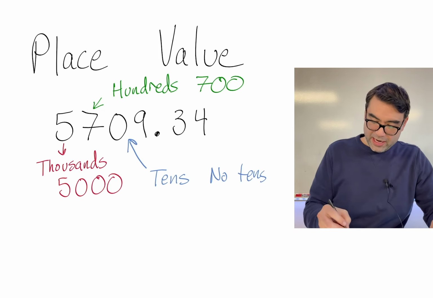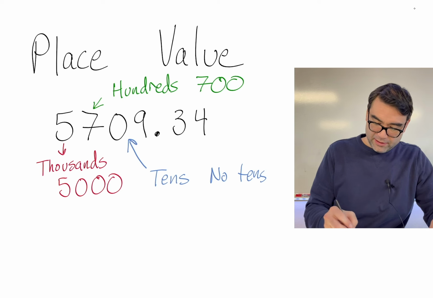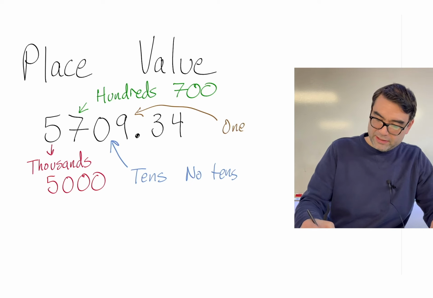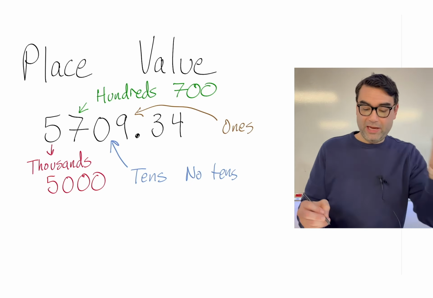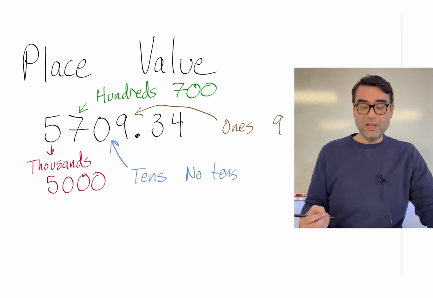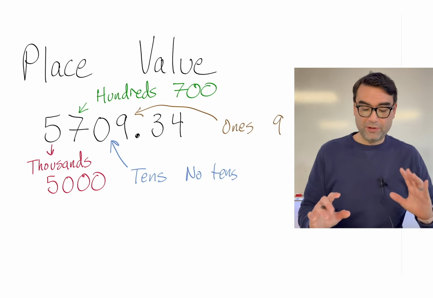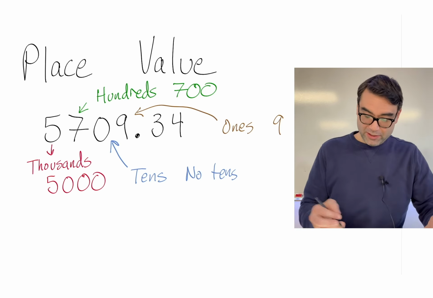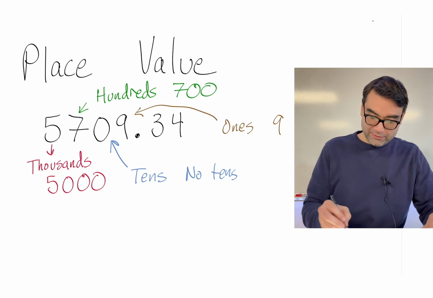And then the 9, pick a fun color here, do the brown. This 9 is called the ones place, and by having a 9 in that digit's place, that just means you have a value of 9. So if I just wanted to separate the number 5,709 into its place values, I'll rewrite it here.